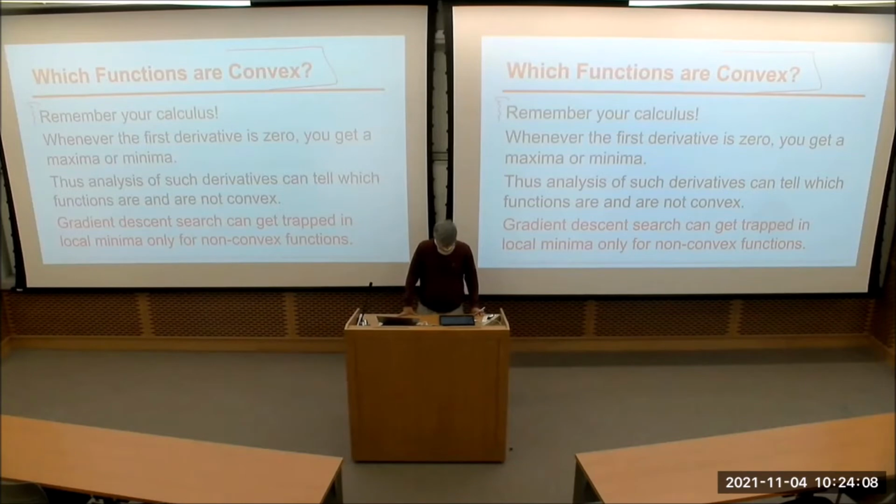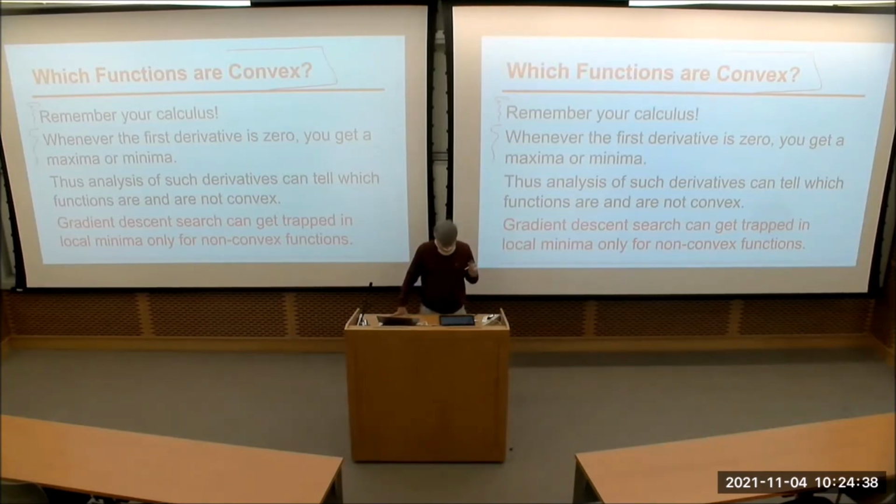When you took calculus in one variable, you knew that whenever the first derivative was 0, you got a maximum or a minimum. There were some things that happened when you took the second derivative. The claim is that if you take a course in convex functions, you will be able to analyze the derivatives of a function and tell whether it's convex or not.